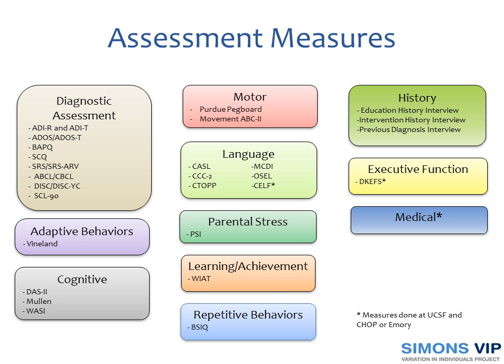We looked at repetitive behaviors, and then we did a very detailed history. We looked at executive function. If you went to the second site at UCSF for the imaging, you would do the executive functioning, and of course we did a medical piece as well.